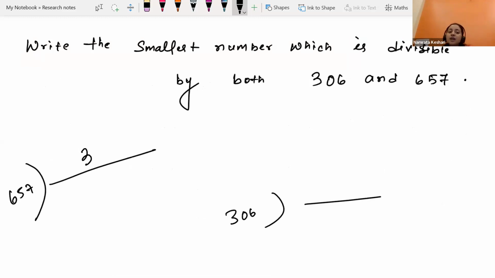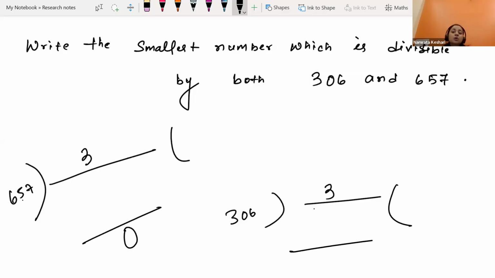Can you divide 3 by these two numbers? A number which is divisible by 657 and the remainder is 0, a number which is divisible by 306 also and the remainder is 0. Such a number we are searching. That number can't be 3, right? Yes or no?